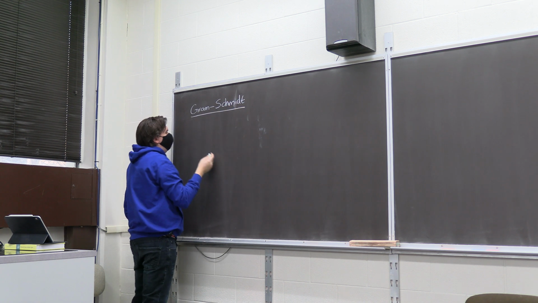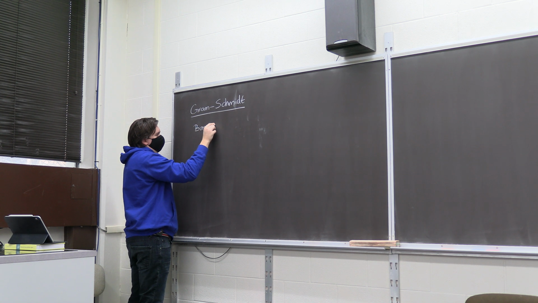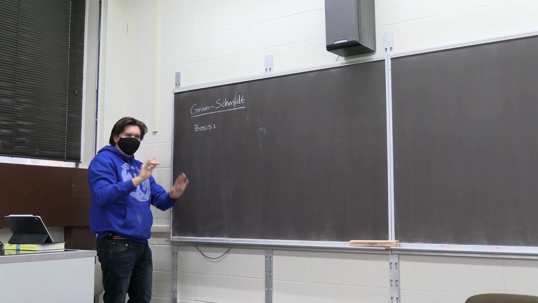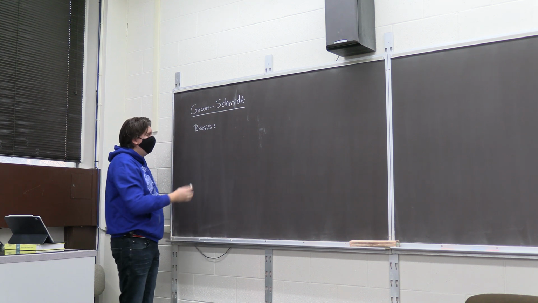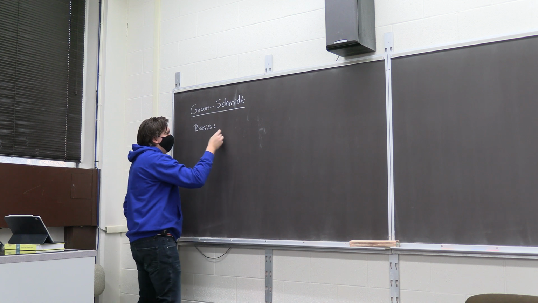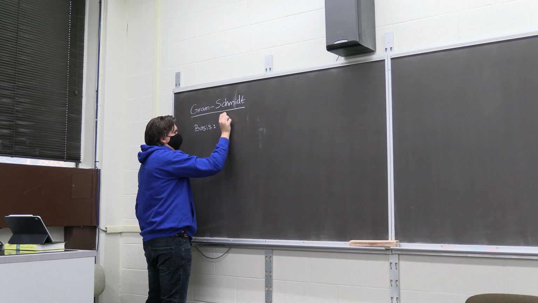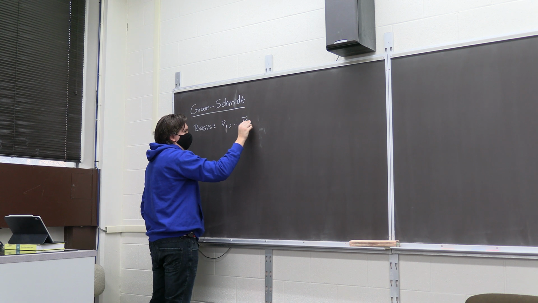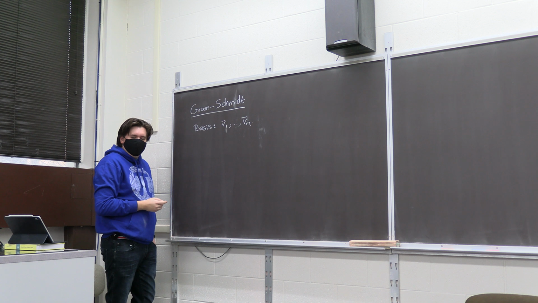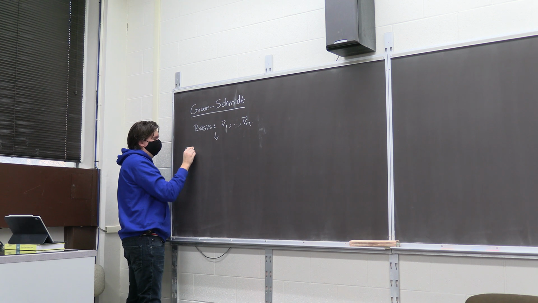So the idea is you begin with some basis of your n-dimensional vector space, and today we can just think of our vector space as being Rn or Cn, although it works in general. So you have some basis v1 through vn, and your goal is to turn that into an orthonormal basis.